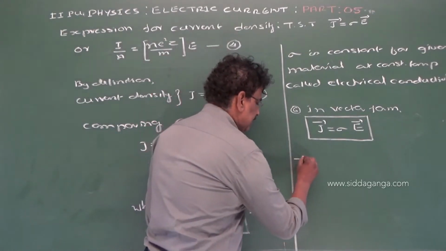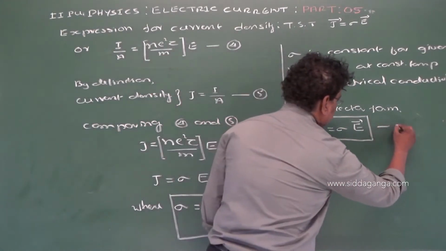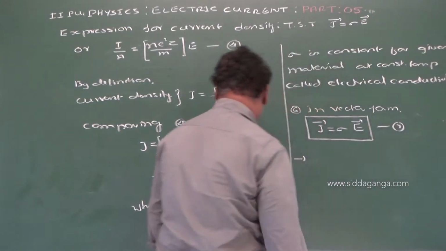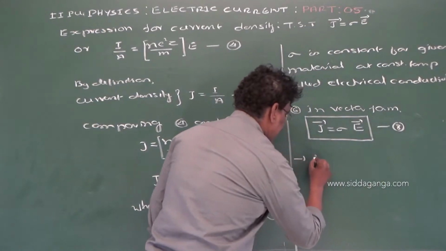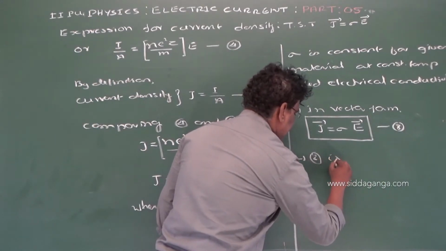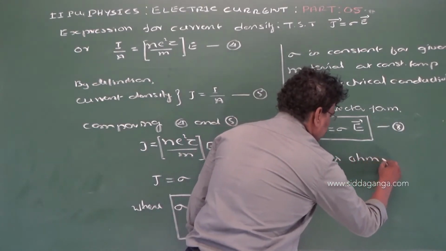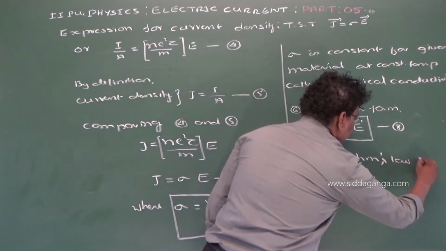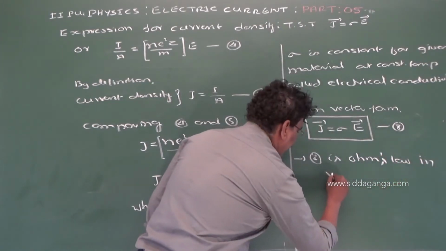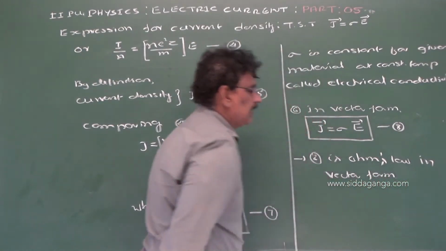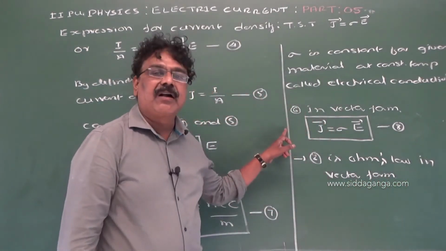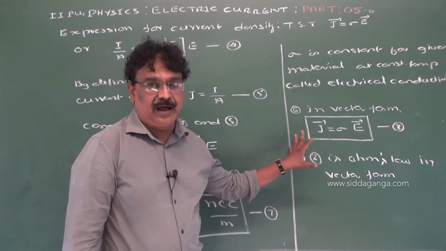We will take this as equation 8. This equation 8 is Ohm's law in vector form, or an equivalent form of Ohm's law.